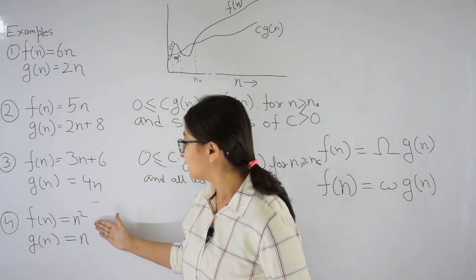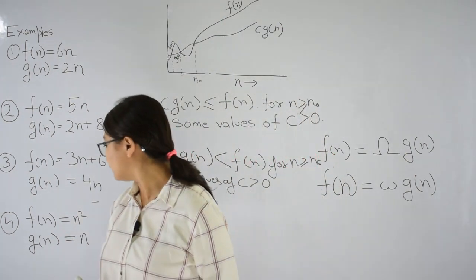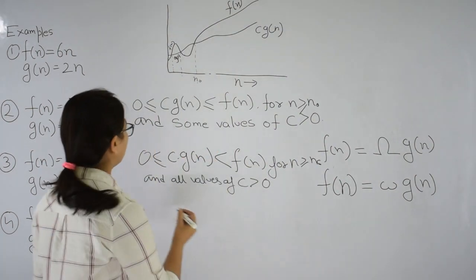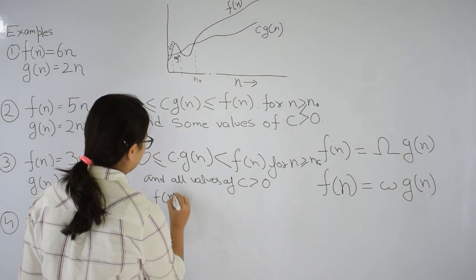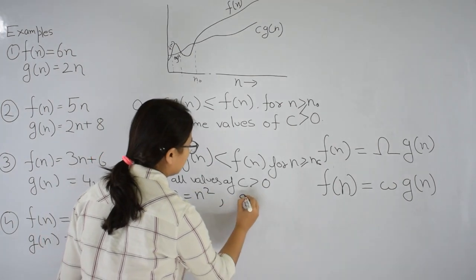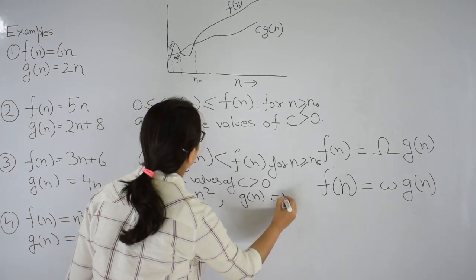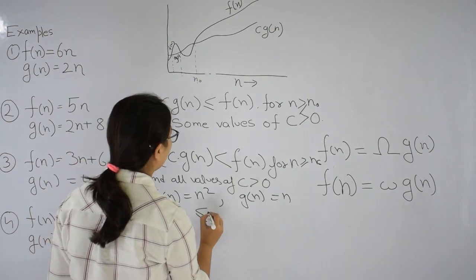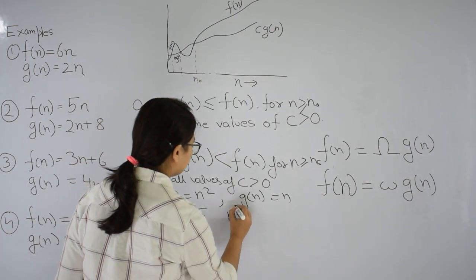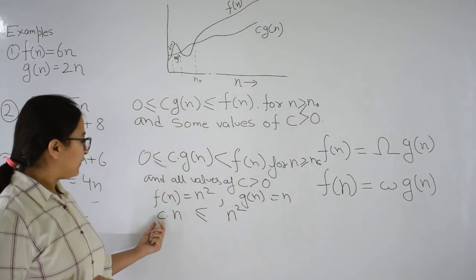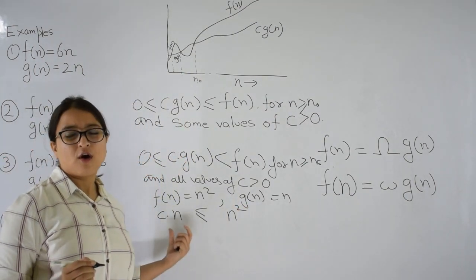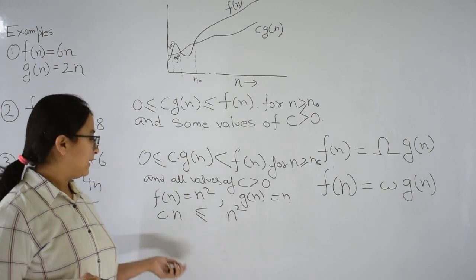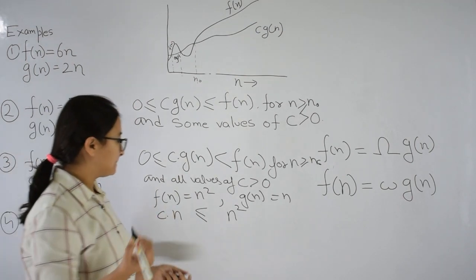For example, in this case where f(n) is equal to n square and g(n) is equal to n, what we want to prove is that c into n is less than or equal to n square, and you will be able to prove this for all values of c.